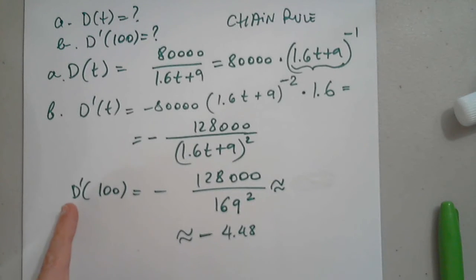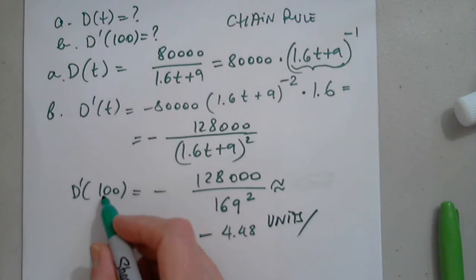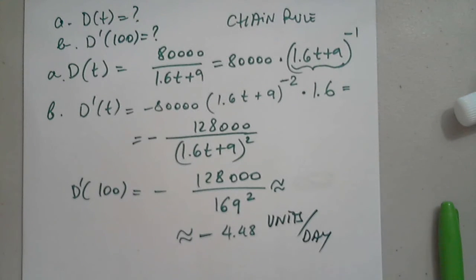So this is a quantity function of time. So units, since this is measured in days, units per day. So it's decreasing at that instant.